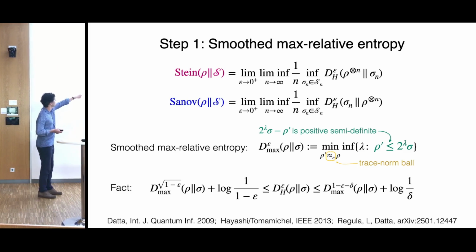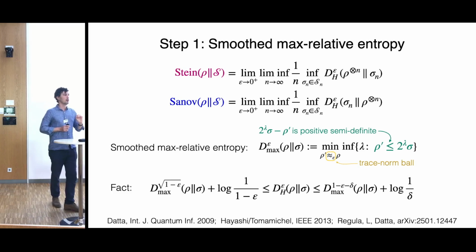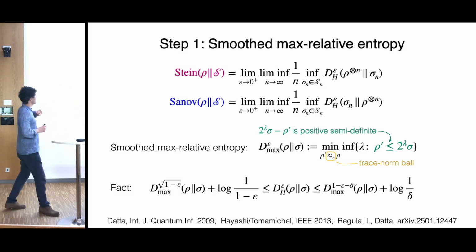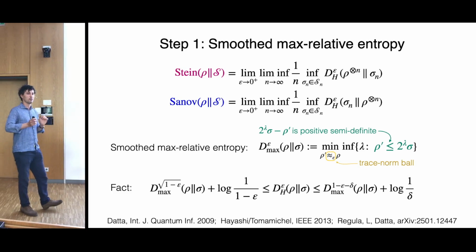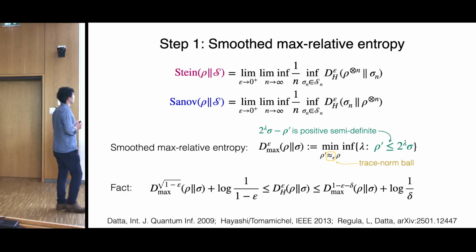So you can give both lower and upper bounds on D_H in terms of D_max, but instead of epsilon, you end up with 1 minus epsilon, or the square root of 1 minus epsilon. Okay, so somehow you flip between epsilon going to 0 and epsilon going to 1. So this is kind of the tricky part.